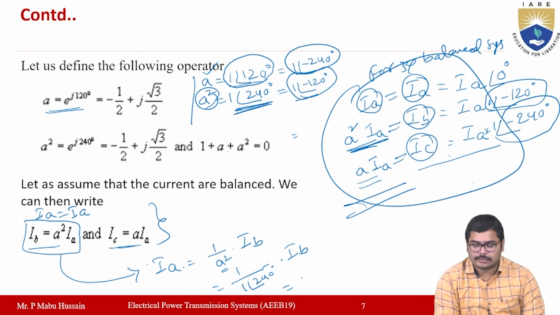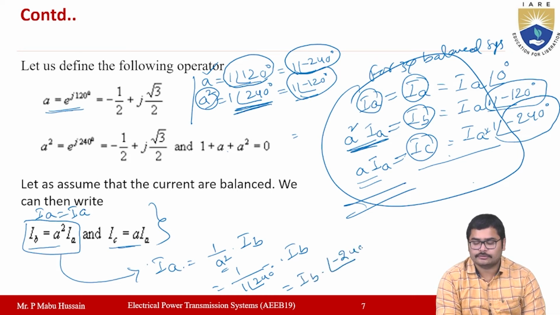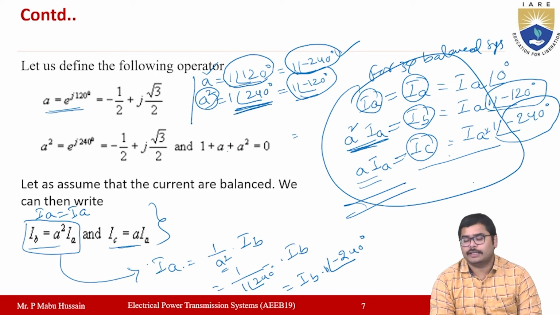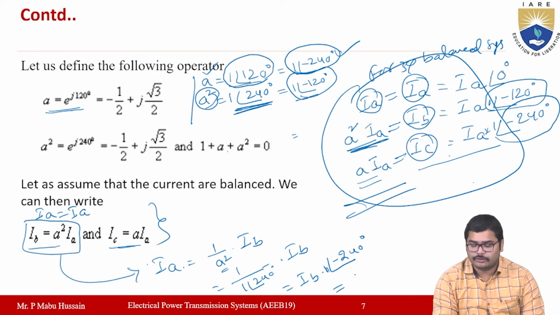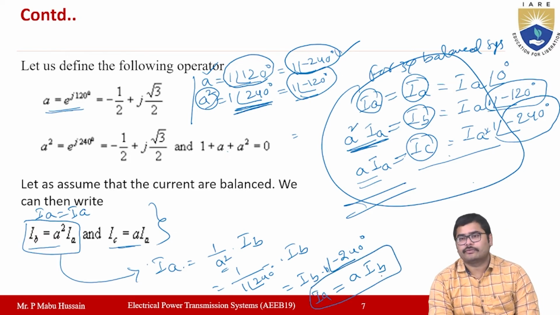This can be written as IB into 1 at an angle minus 240 degrees. Now 1 at an angle minus 240 degrees will become A here. So this value will be equal to A into IB. So the value of IA is equal to A into IB.